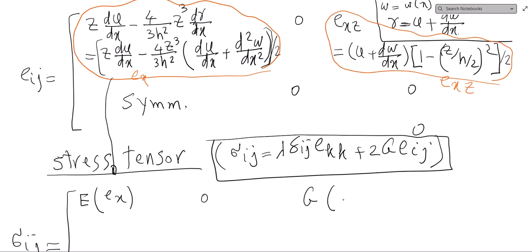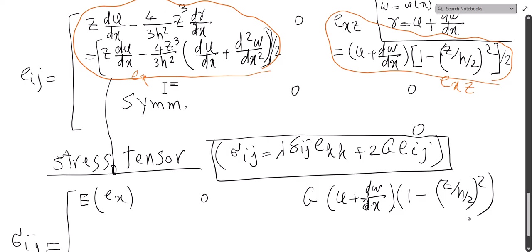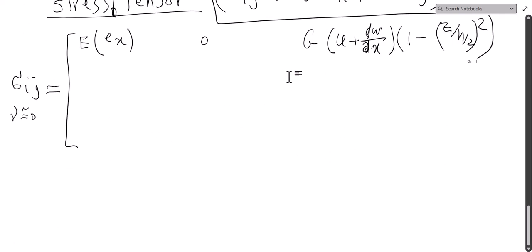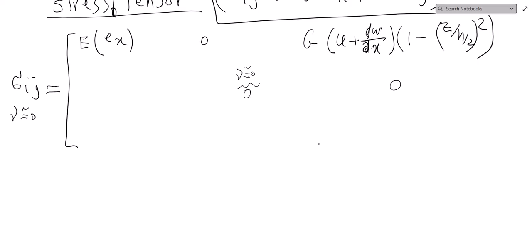Let me write it again. Phi plus dw dx for gamma, times 1 minus z over h over 2 square bracket. And E22 is 0 because remember that mu is 0 or considered to be negligible, and 0 and 0 and symmetry.